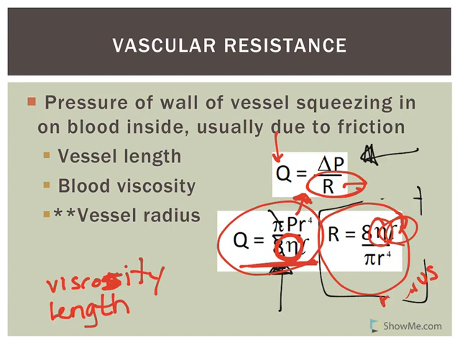I want you to think about, if I want to just alter blood flow within a couple seconds, am I going to be able to alter the length of that vessel? Do you think that's reasonable? Oh, let's shorten up this blood vessel. Let's cut pieces off. I don't think that's going to happen. So changing the length of a vessel is not going to be a major way of physiologically controlling blood flow.